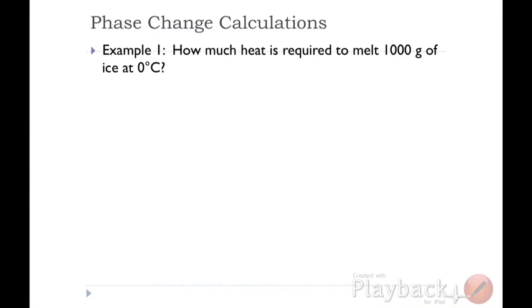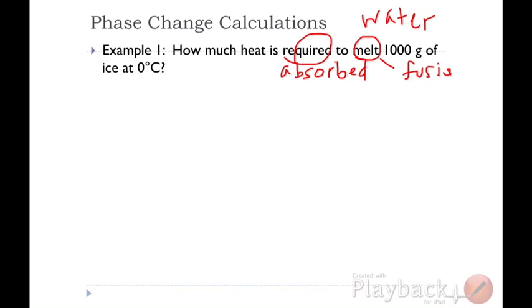So here's our first example. We're going to use water. Water is what we're using in all of these examples as our substance. And then we need to read to see what it's doing. So how much heat is required? Required is going to tell us that we're absorbing heat. To melt, okay, that's fusion. 1,000 grams, that's our mass, of ice at 0 degrees Celsius.